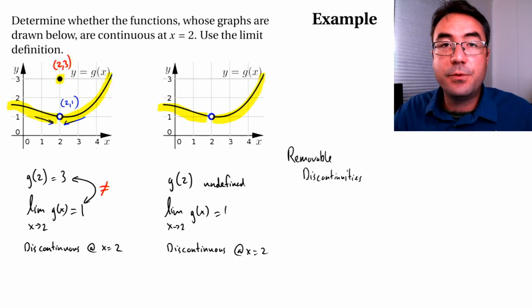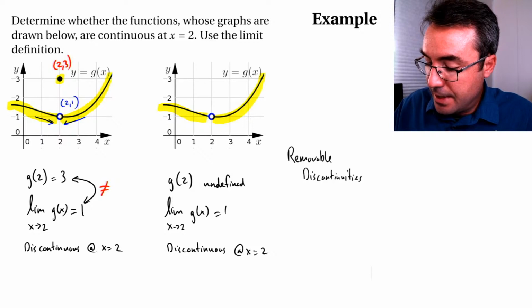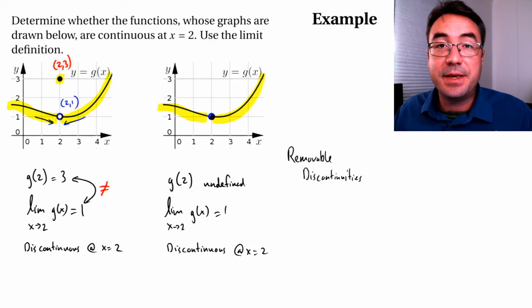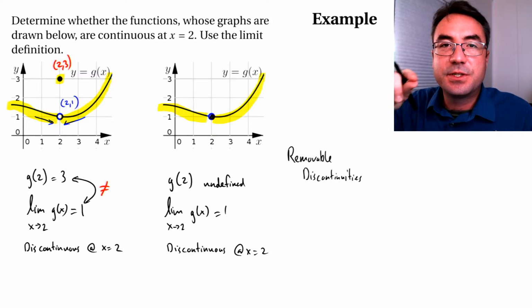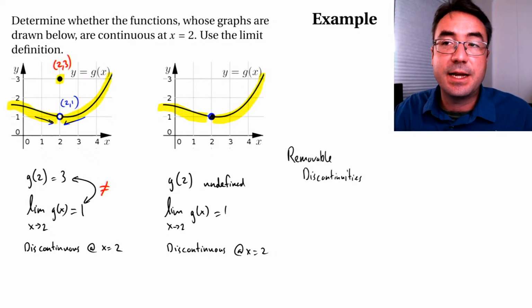So if we just redefined our function and said, okay, at x equals 2, let's define it to be that, we could define our function so that it is continuous. So in these cases where it's just a little hole in our graph, we call that a removable discontinuity.